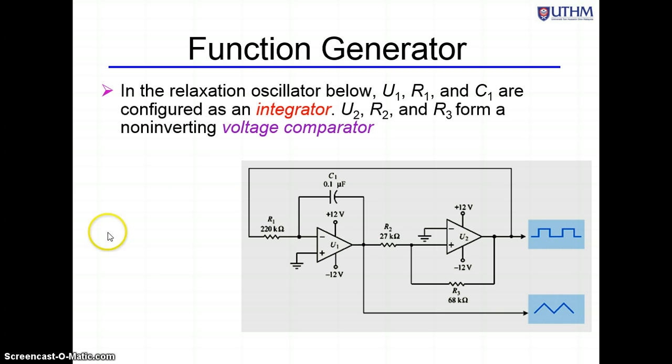Just now you had a comparator at the input section followed by an integrator, but this time this is an integrator, and the output of the integrator goes into a comparator. Actually, it just rearranges the previous circuit, so you can have both square and triangular waveforms.